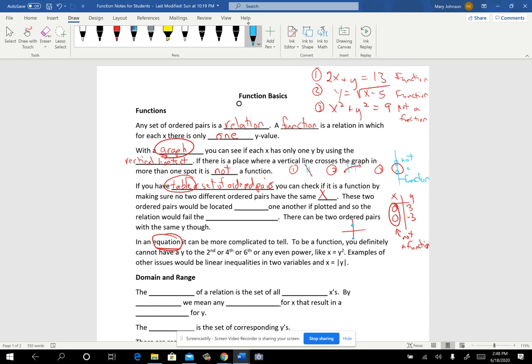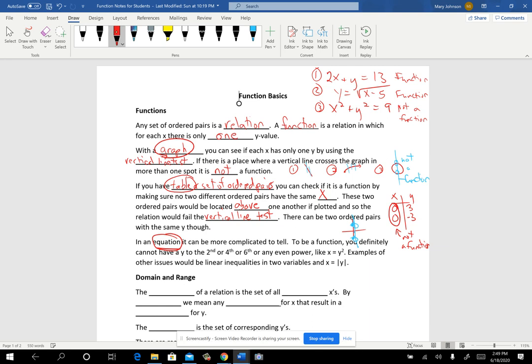See how they would fail the vertical line test? There would be a vertical line that could hit those points in more than one spot. So these two ordered pairs would be located above one another. If you have the same x coordinate but different y's, the points are located above one another, and so the relation would fail the vertical line test.